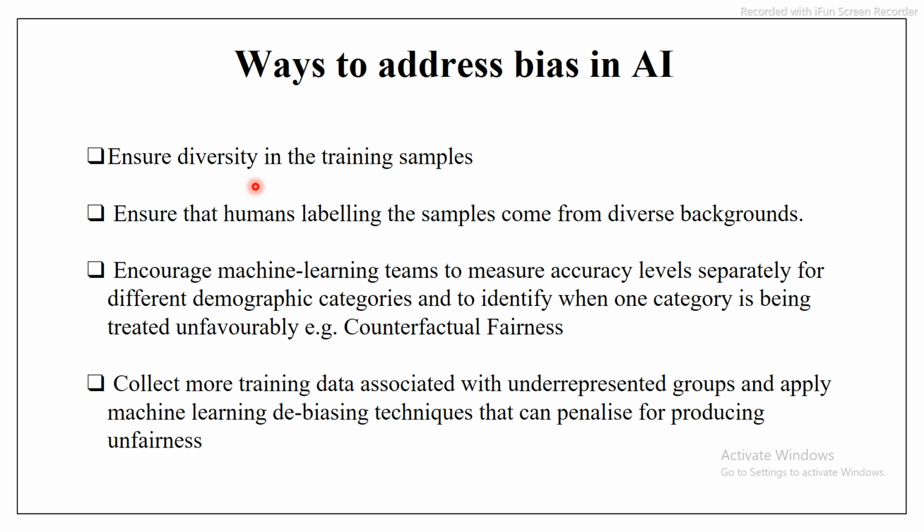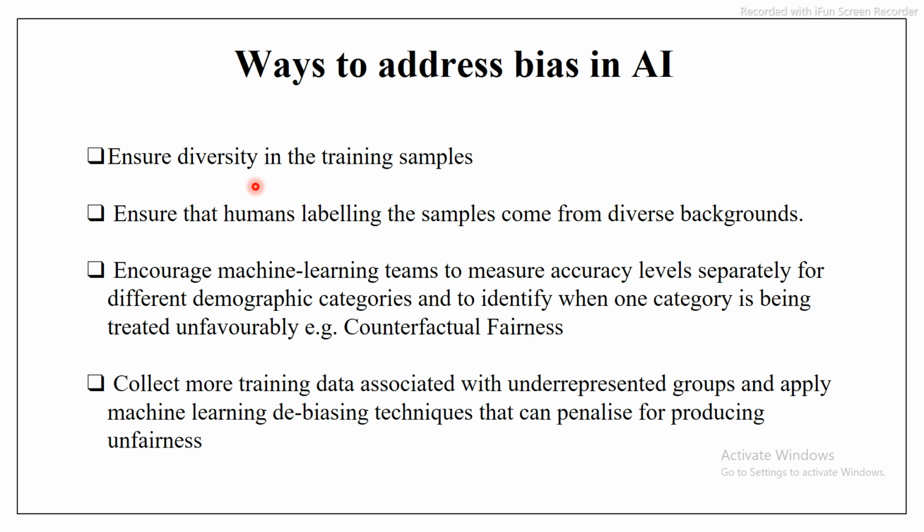Diversity means you must have fair representation of the people who are collecting the training samples. Ensure that the humans labeling the samples come from diverse backgrounds. For example, if you are labeling the faces of people, you should have a fair representation of white and black, or different races, and then you put a label.